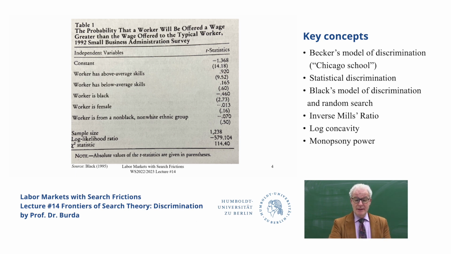And it's basically giving some estimates, I think these are like probit estimates of probabilities that a worker gets a wage that's in excess of what the typical wage offer would be based on a survey of small businesses. So you can see that these are all with standard errors divided into the point estimates, sort of like a type of t-statistic on the right.